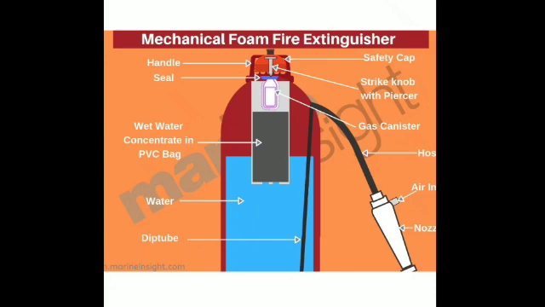So, what is happening? The glass bottle containing aluminum sulfate comes in contact with the metallic cylinder containing the saturated solution of sodium bicarbonate, and they react to produce carbon dioxide gas and aluminum hydroxide.